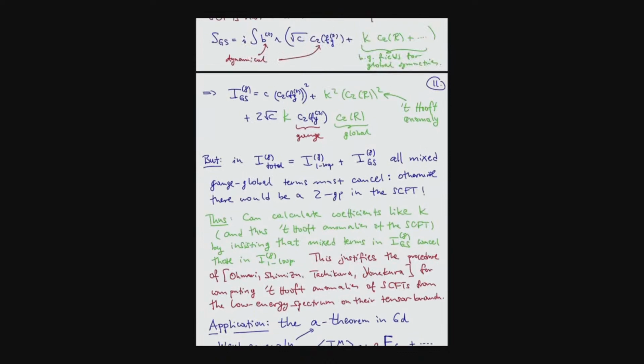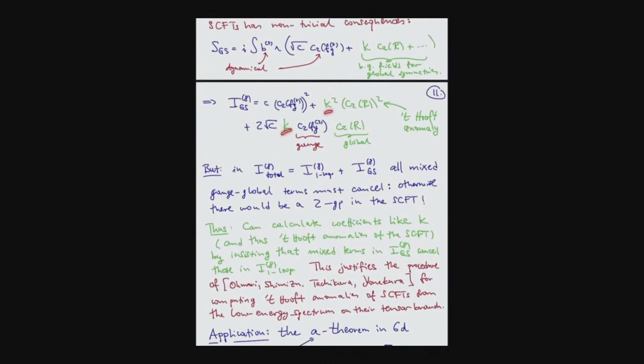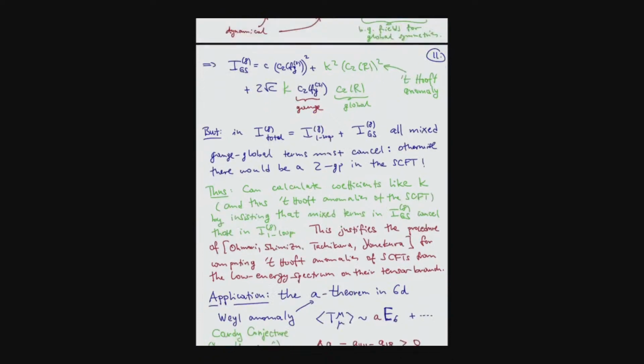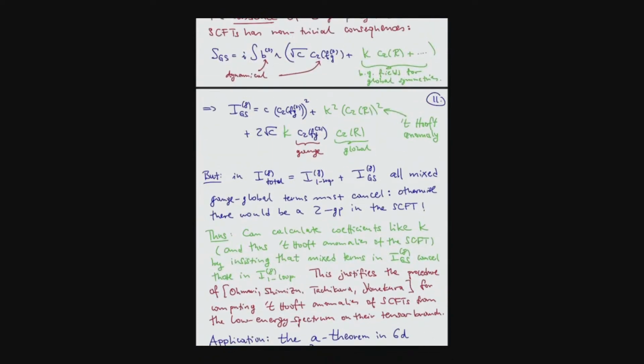So once you are able to calculate these Green-Schwarz coefficients, you can, for example, compute the entire anomaly polynomial of the UV quantum field theory, the superconformal quantum field theory, knowing essentially only the massless fields in the infrared on the tensor branch, which is what these authors did. This is, of course, much more than you're typically entitled to.